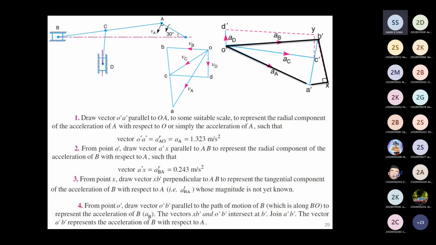We know very well once again that the radial part is parallel to the space diagram and the tangential part is perpendicular to it.